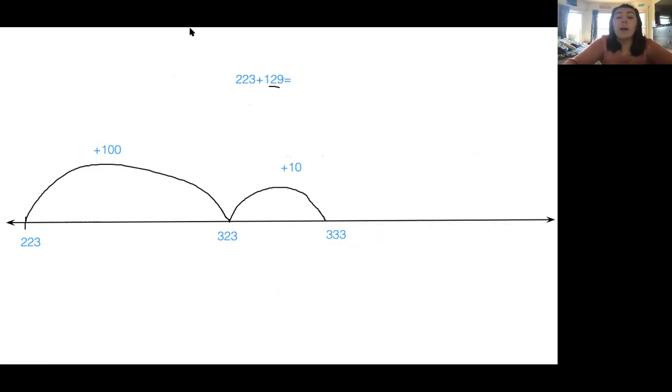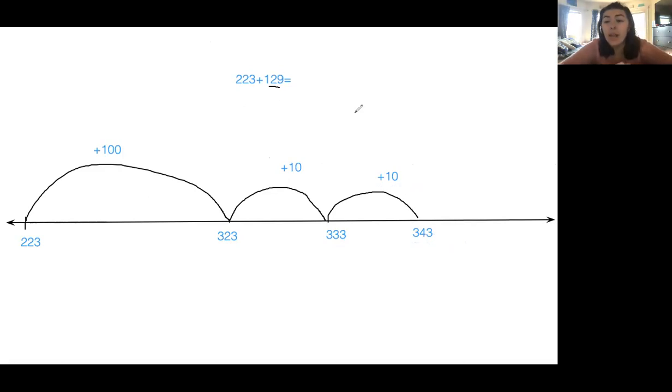So now I need to jump another 10. And what is, sorry friends, what is 10 more than 333? So it's 343.